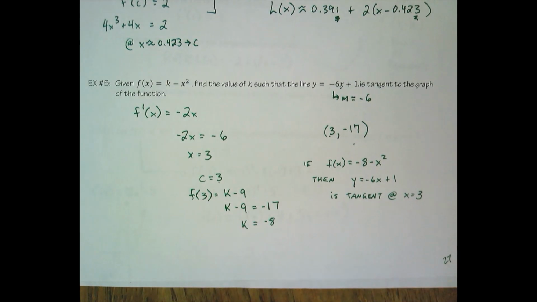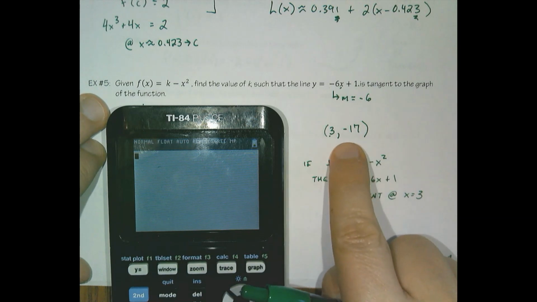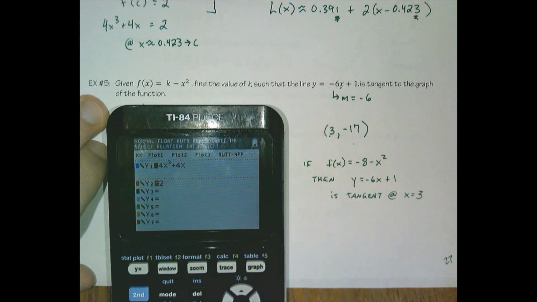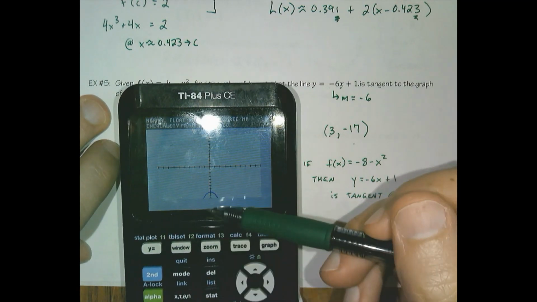Let's actually take a look and see if that's what happens graphically. We're going to graph the function into our y1, and we're going to graph the tangent line into our y2, and the two curves should be tangent at a value of 3, -17.